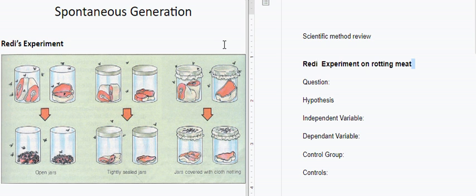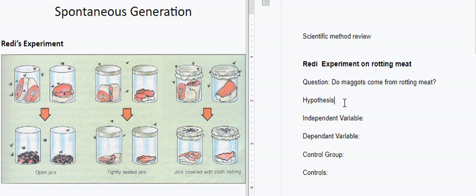This is a great highlight of the scientific method because the first process that you do is you identify the question. All right. So, do maggots come from rotting meat? Whenever you write the question, it has to be in question form.